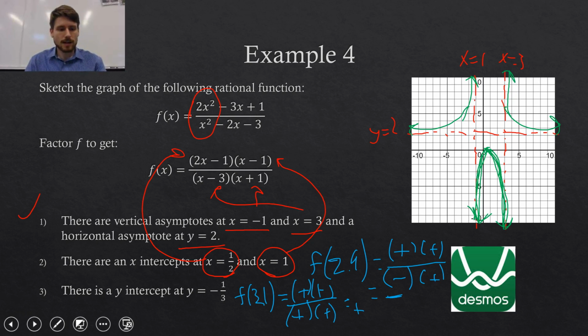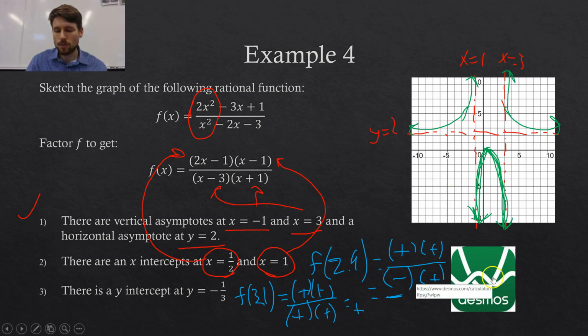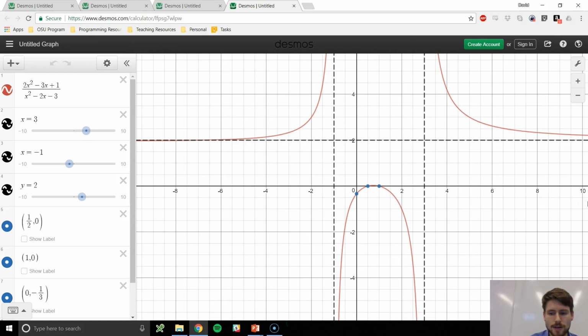So let's go ahead and compare this with Desmos to see how well we did. Okay, so here's our Desmos graph, and we can see those two x-intercepts right there at 1 and 0.5. They're really close together. That y-intercept is right there at -1/3, as we said. So they're all kind of smushed together right there. And we have this upside down U in the middle.